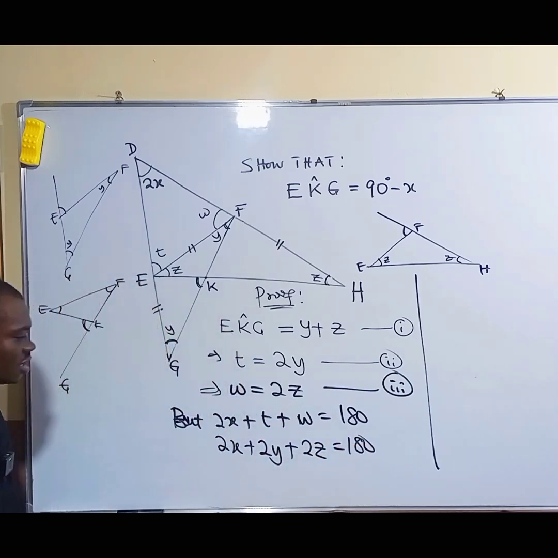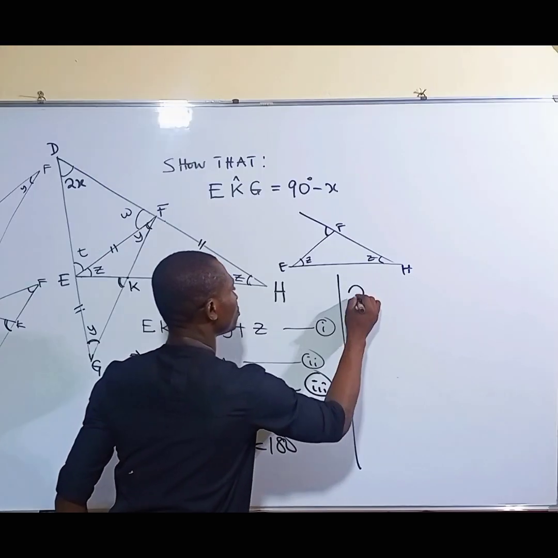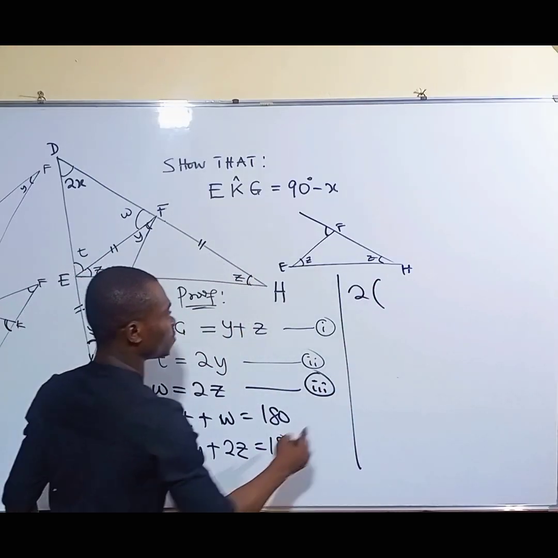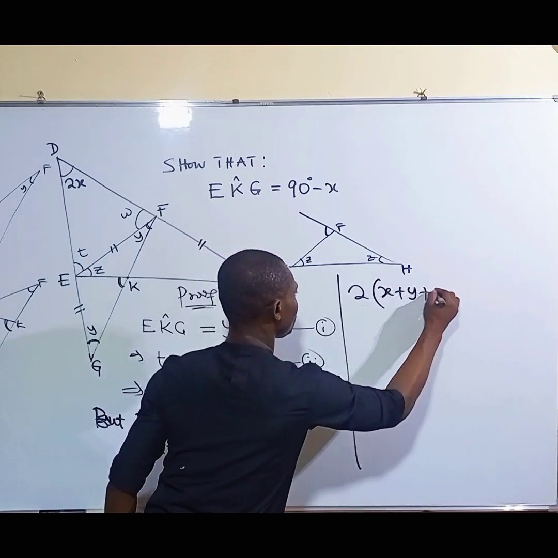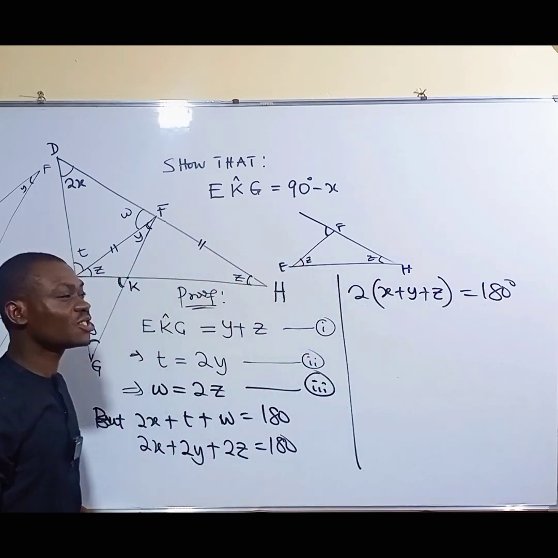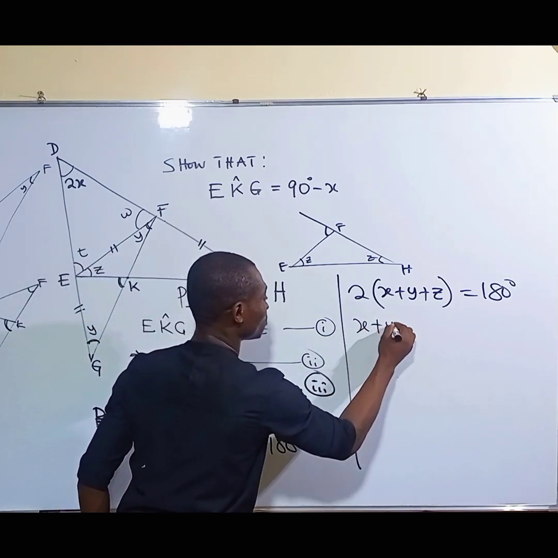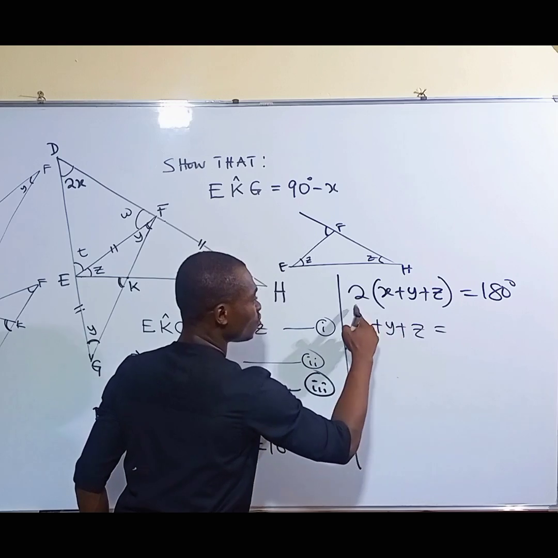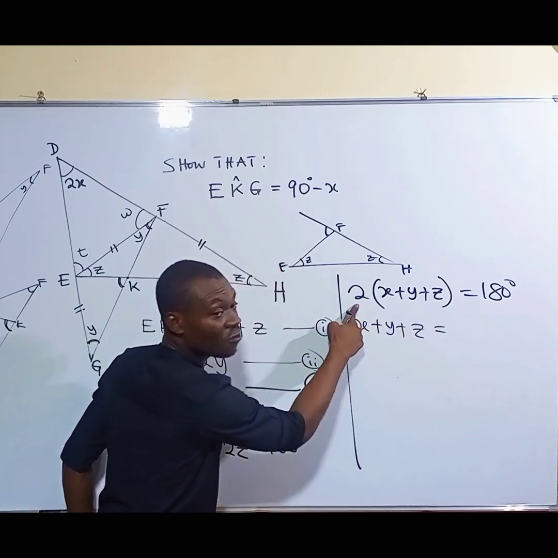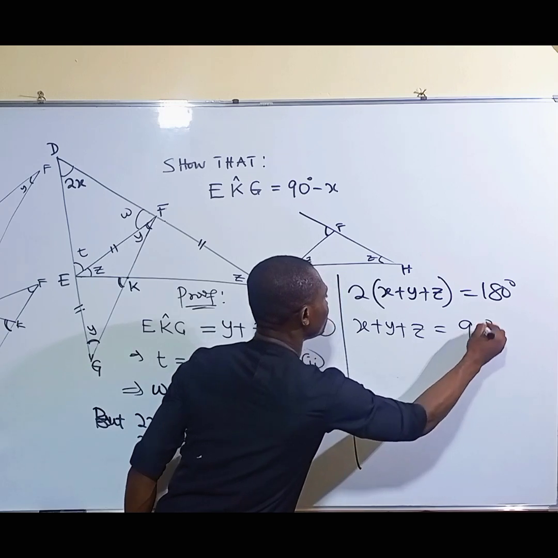If I factorize out 2 here, I'm going to have 2 into x plus y plus z, and that is 180 degrees. From here we can clearly see that x plus y plus z is equal to 180 over 2, dividing both sides by 2, and so I will have 90 degrees.